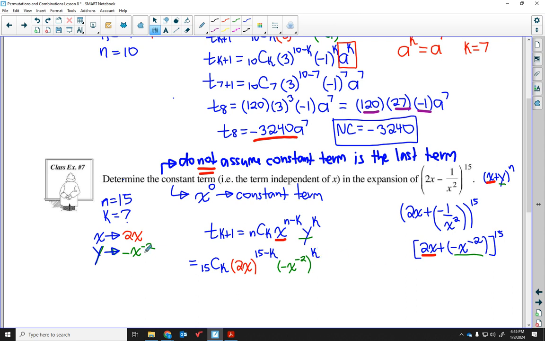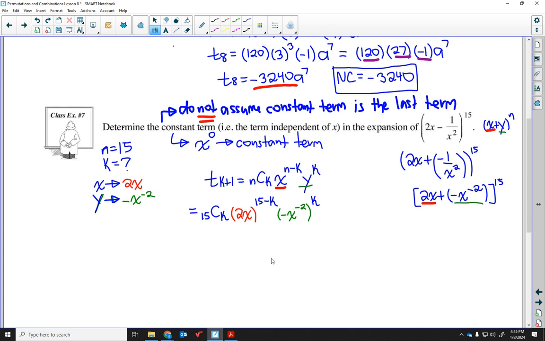All right, this is kind of unpleasant to simplify. The problem right here is I have two different parts of the general term formula that have x's in them. What I want to do is find a way to combine the x's together so I only see a single x with some kind of combined exponent. So let's break down how to do this.